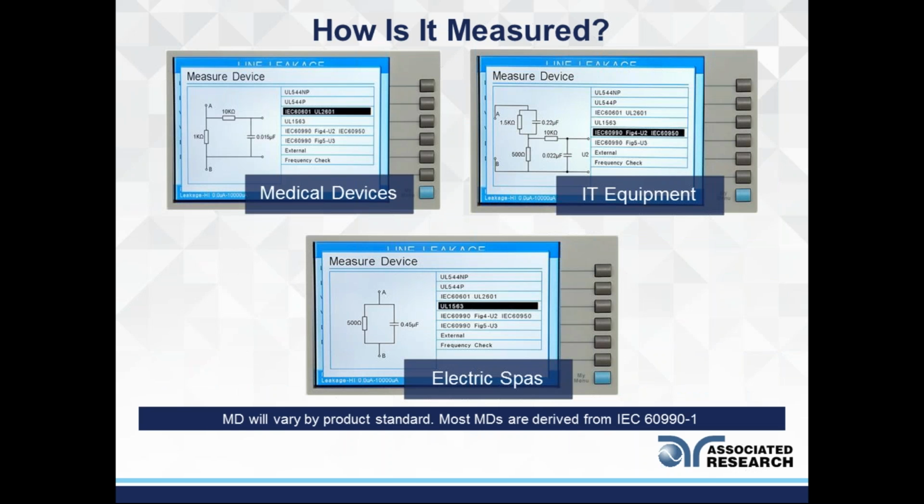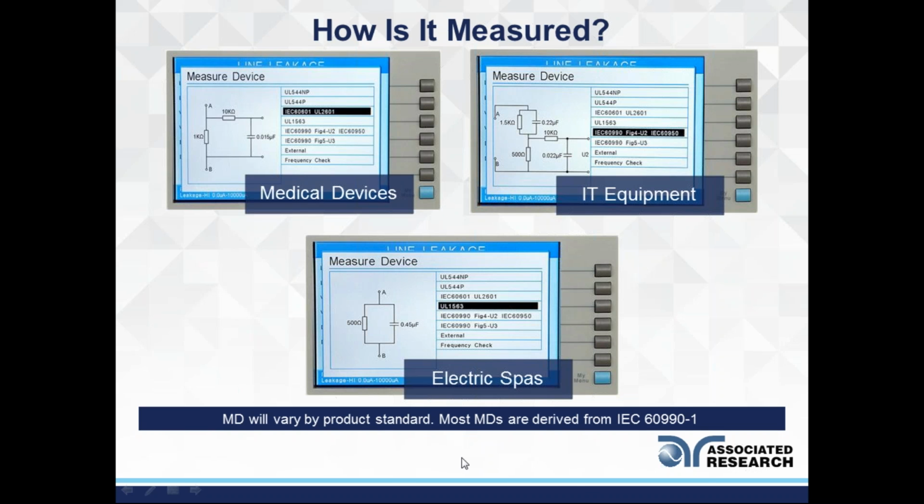So a little bit more on how it's measured. These are the MDs for specific standards. These screenshots are actually taken from our Omnia 2 series. These are all the MDs that come with the Omnia.